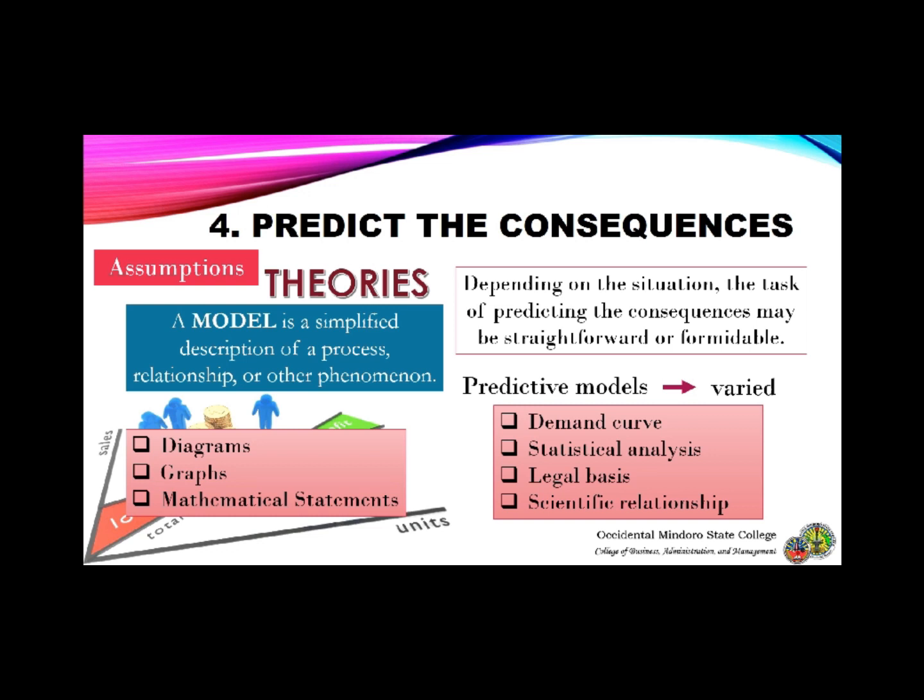Evaluations of test marketing results rely heavily on statistical models. Legal models, interpretation of statutes, precedents, and the like are pertinent to predictions of a firm's potential patent liability and to the outcomes in other legal disputes. So that is the prediction of the consequences.